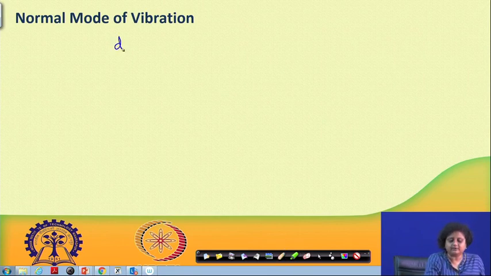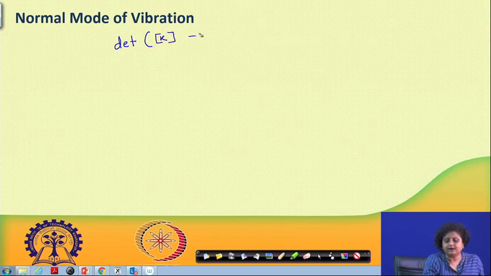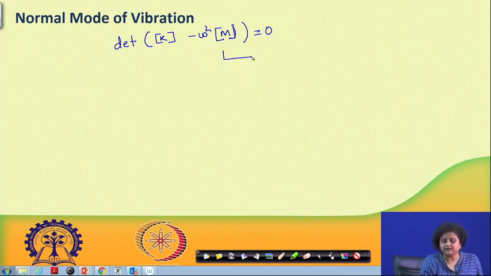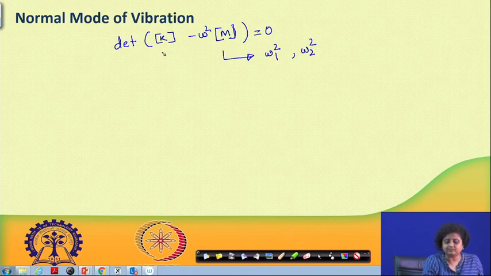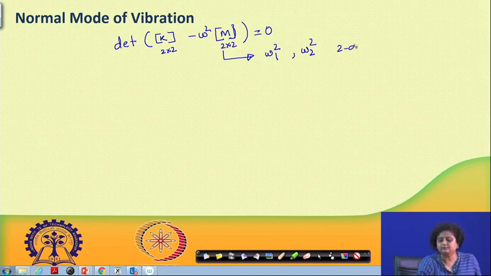So, everything boils down to this equation, determinant of k minus omega square into m is equal to 0. If I solve this, I will get omega 1 square and omega 2 square, because my k is 2 cross 2 and m is 2 cross 2, and it is a 2 degree of freedom system.